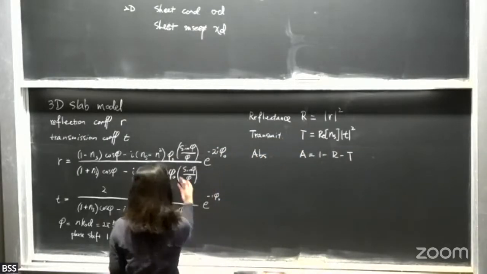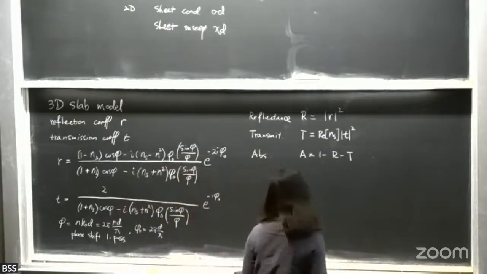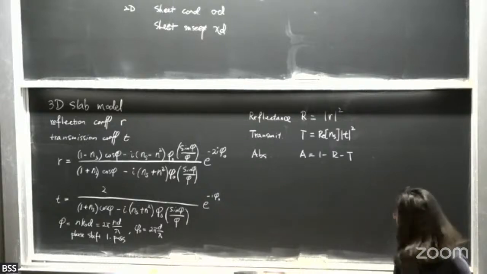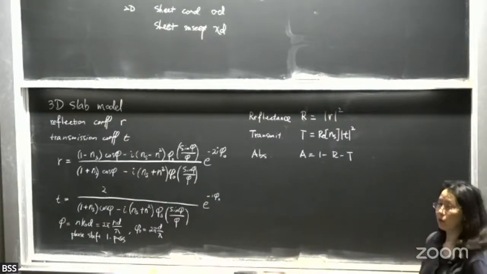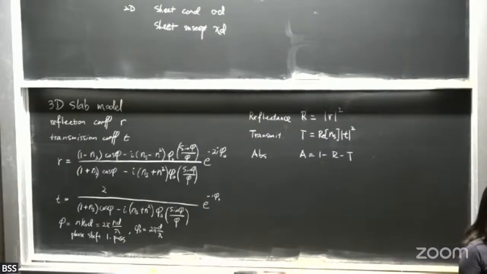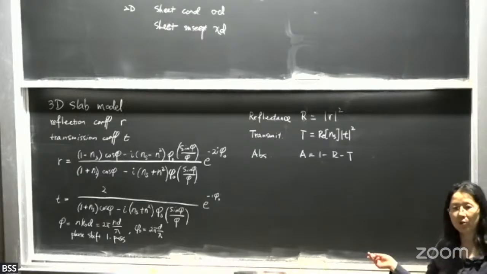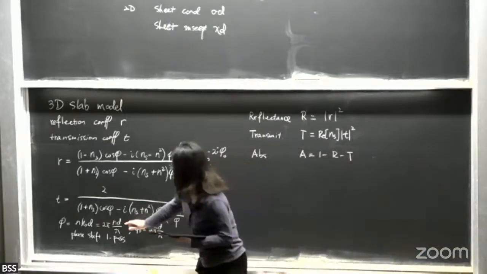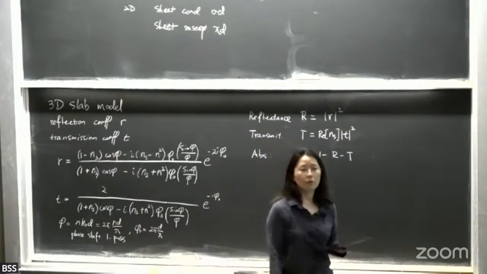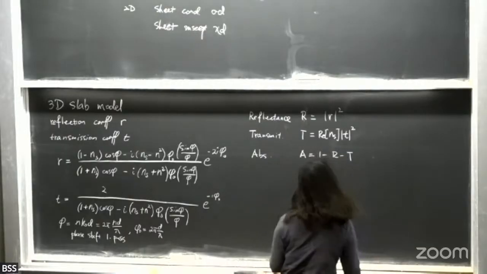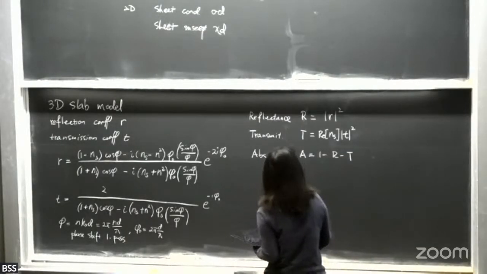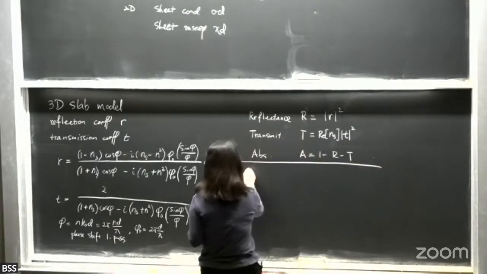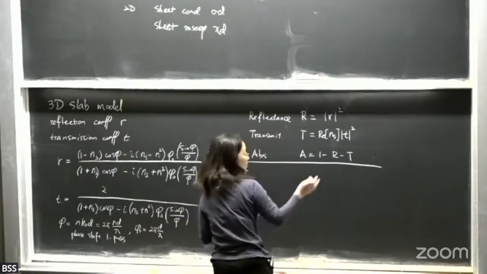Okay, so this is just a generic 3D slab, and the question is, if we work with very thin 2D materials, can we simplify this? And you see here, what's important is this phase shift. So if the phase shift is small, so in the case when phi, maybe I'll do it on the other side.